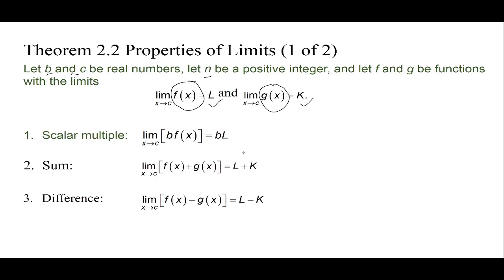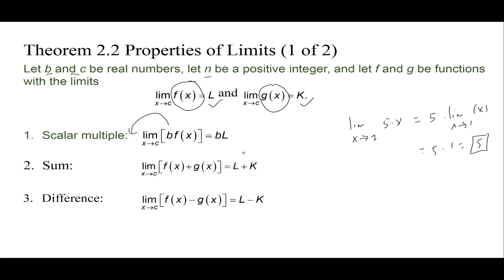If you are looking for the limit of b times the function, you can keep this b outside of the limit. So that would be b times the limit of the inner function, which is L. You see here? For example, let's say you would like to find the limit of 5 times x. Using this property, the limit of this function is 5 times the limit of x itself, which, if you replace x by 1, is 5.